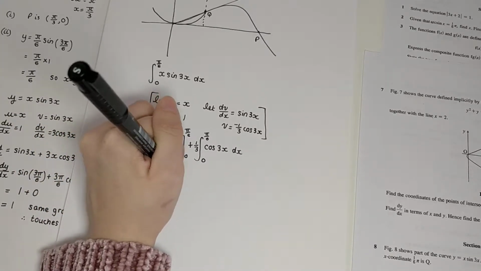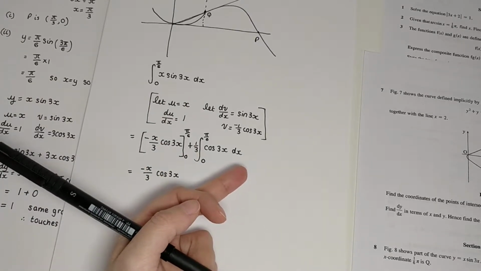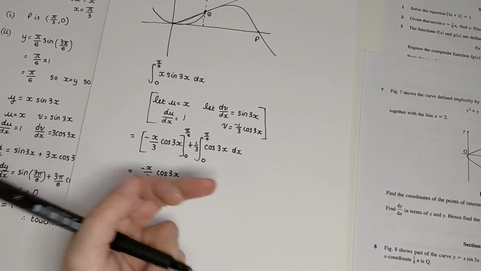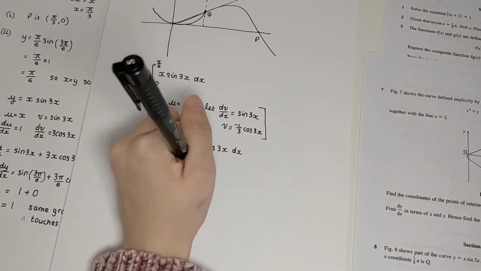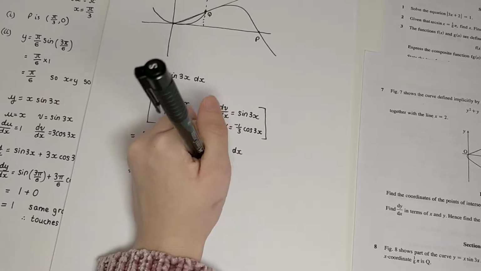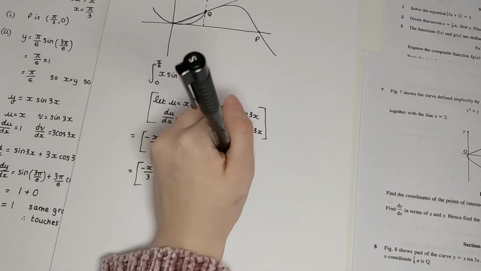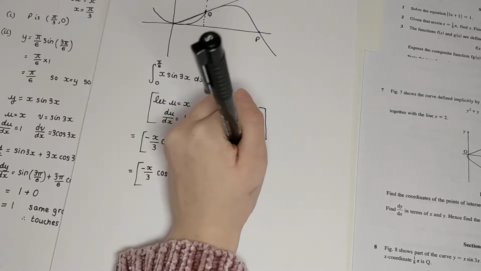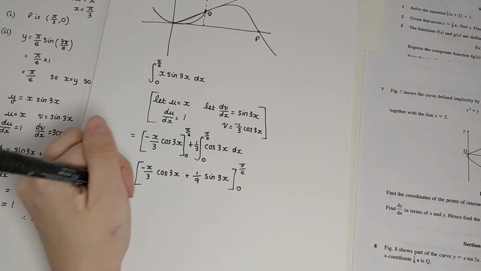Let me integrate this. Integrate cos, I get sine, so I'm going to get a third, so a ninth now, of sine 3x, and the sign does not change. And let's put the limits. Okay, and now let's substitute.